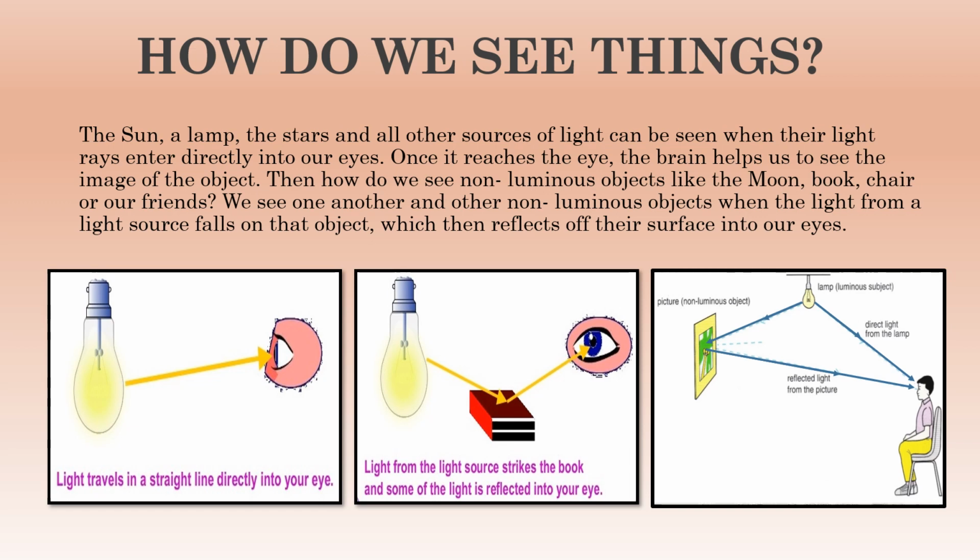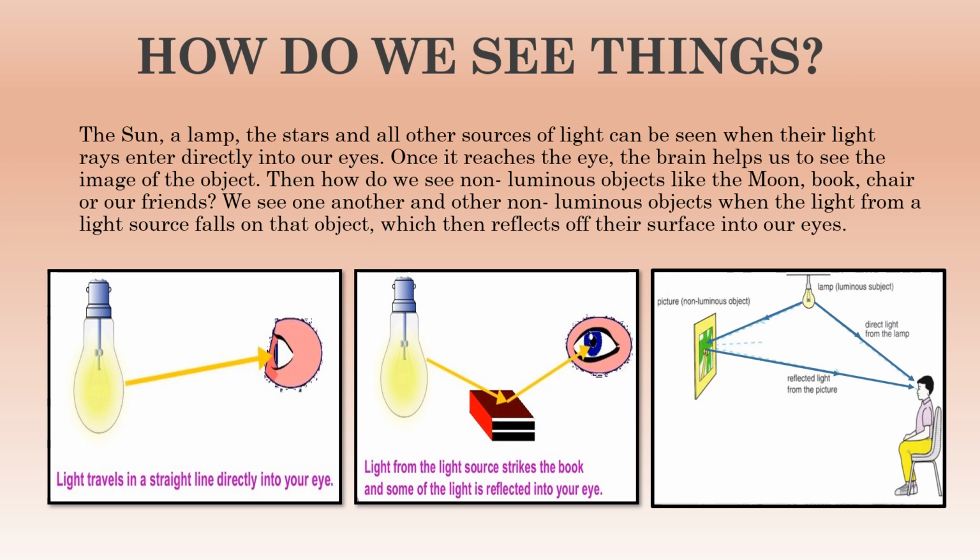Now, the middle figure shows you how the light rays from the glowing bulb first hits the book. From there, the light rays are reflected by the book, and you can see that it is directed towards our eye. Now, once this reflected light ray enters our eye, we can then see the book.